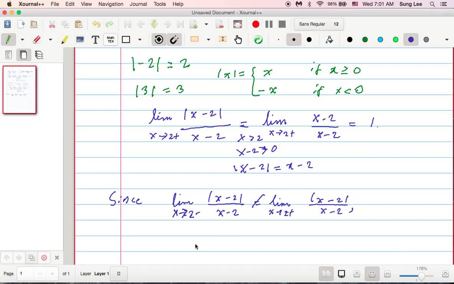The limit does not exist. So the limit of the absolute value of x minus 2 over x minus 2 as x approaches 2 does not exist.